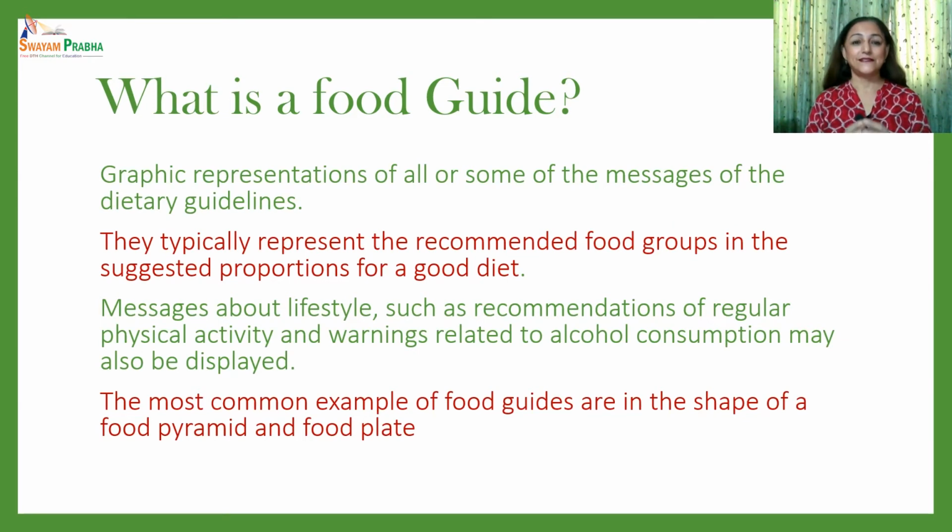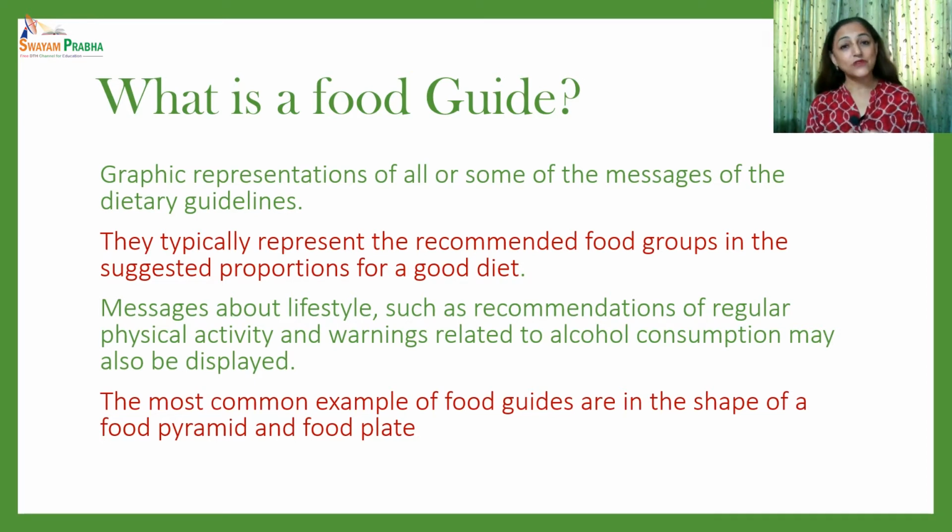So let us define what a food guide is. Food guides are basically a graphic representation of all or some of the messages of the dietary guidelines. They typically represent the recommended food groups in suggested proportions in a good diet.